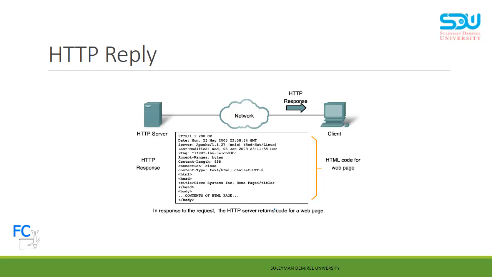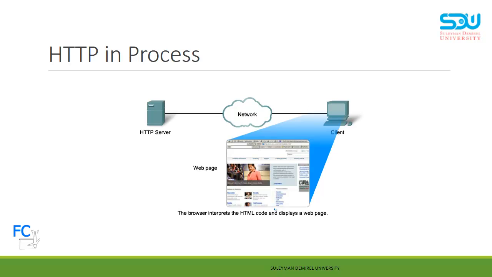It is received by the client, and the client will show you the output of this web server content. The output is shown by the application called the web browser, and HTTP is responsible only for the transportation of this data.